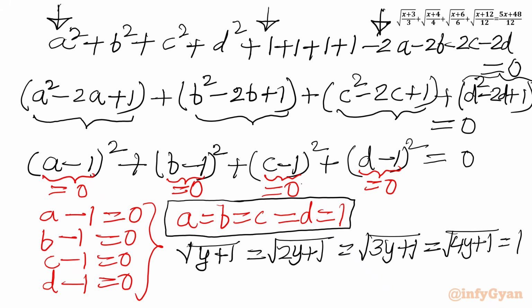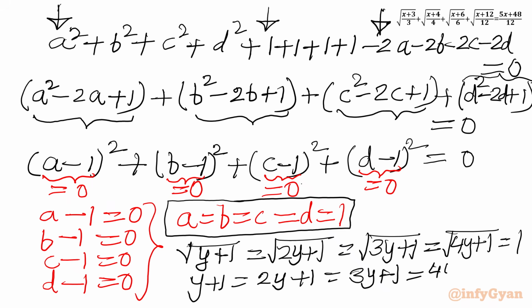Now we will be squaring and we will get y plus 1 equal to 2y plus 1 equal to 3y plus 1 equal to 4y plus 1 equal to 1 square, which is 1.